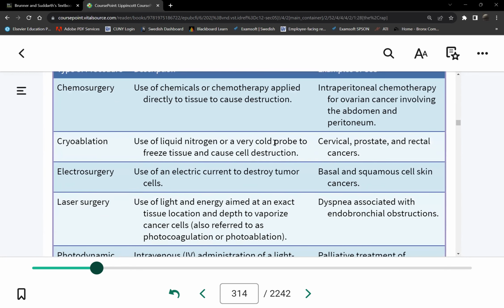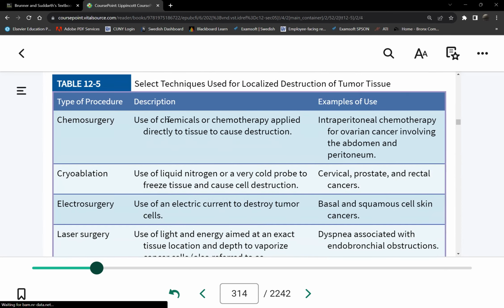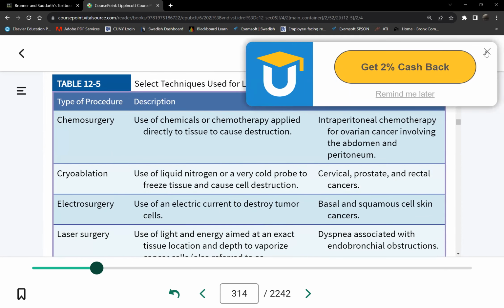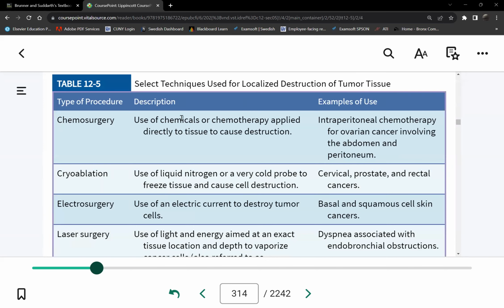I'm not really testing this, but these are advanced methods of doing surgery. I'm sure you've heard of the CyberKnife, which is a form of radiosurgery. There's really no incision to speak of. They use radiation technology to excise a tumor without cutting the patient. They can do that now.